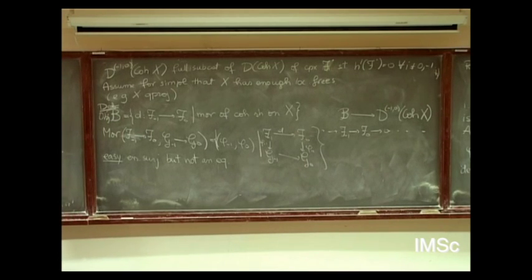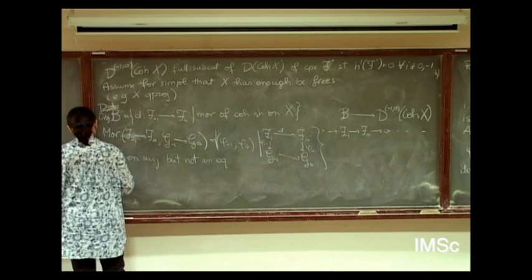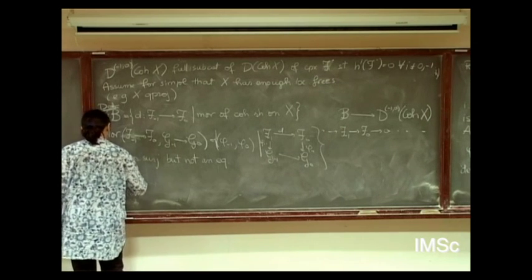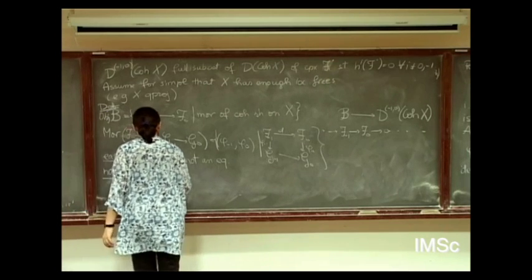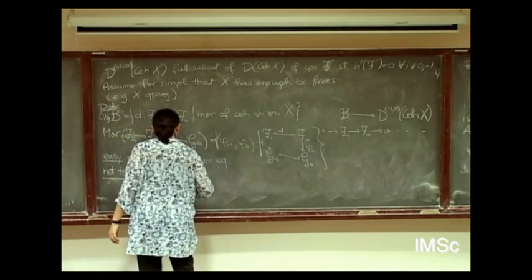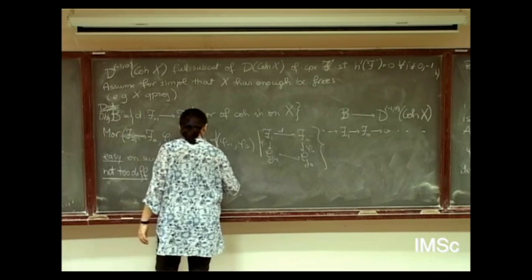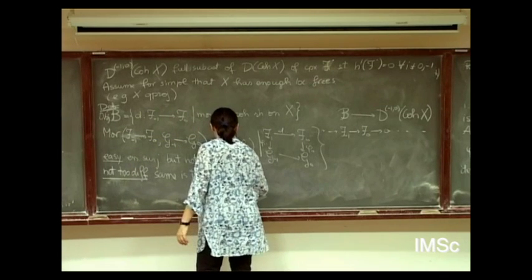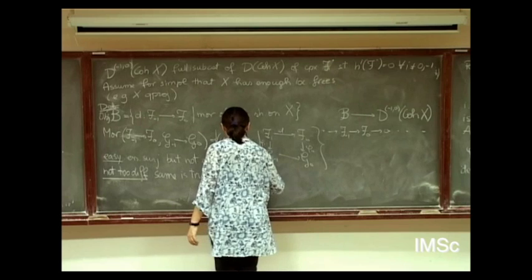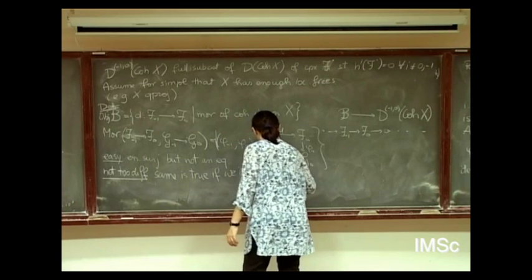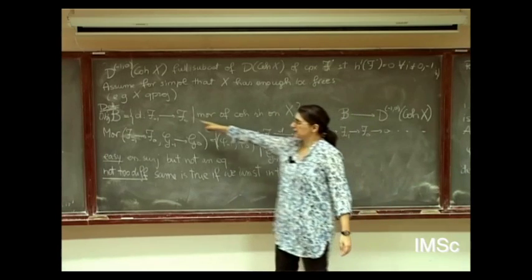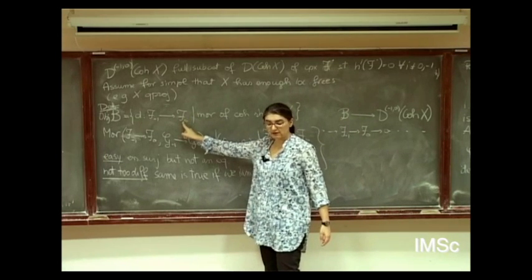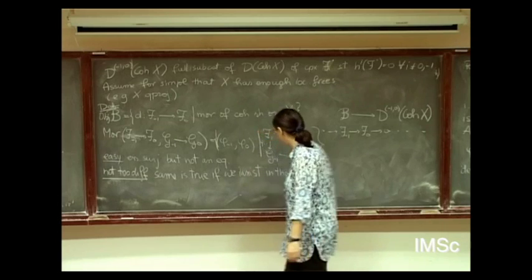There is something which is not quite as easy, but not too difficult. The same is true if we insist in the definition that the sheaf in degree 0 not only be coherent, but be coherent and locally free.